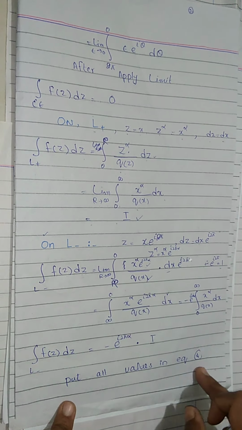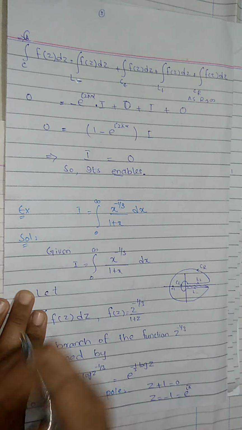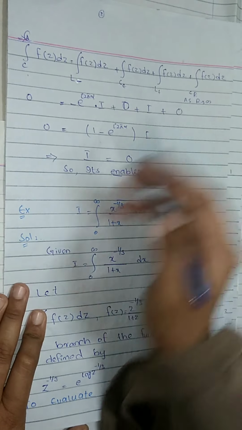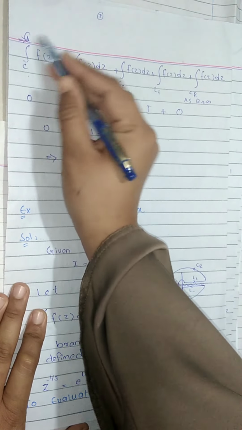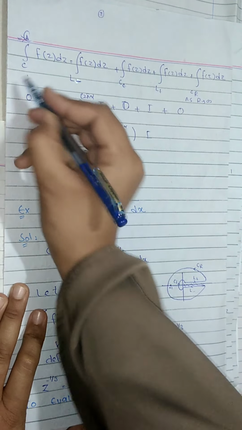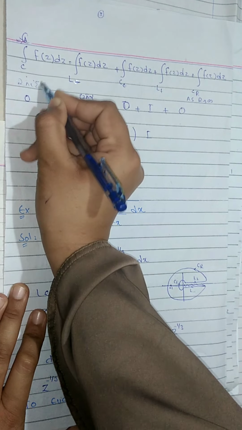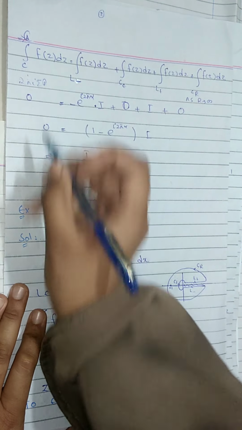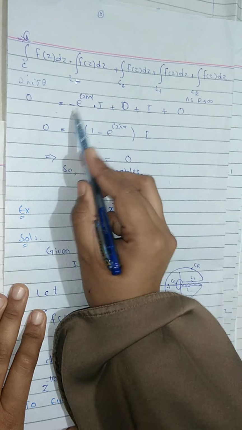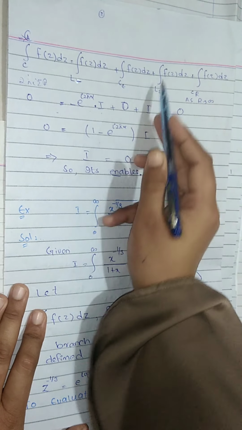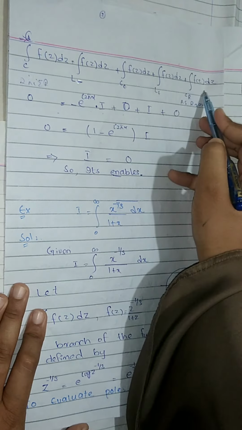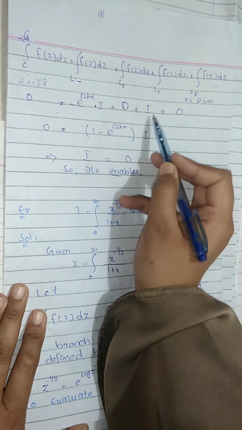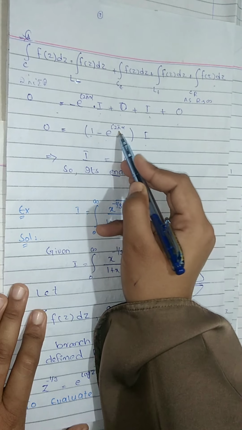So just put the value of z raised to alpha; it is over q of x, dx e raised to i 2 pi. Because e raised to i 2 pi is equal to 1, we do not need to write it. Now we change the limits to 0 to infinity, and a negative sign appears outside the integral. The factor e raised to i 2 pi alpha is constant because the integral is along the x-axis, so we take it outside the integral: e raised to i 2 pi alpha times the integral from 0 to infinity of x alpha over q of x dx, which is equal to I.